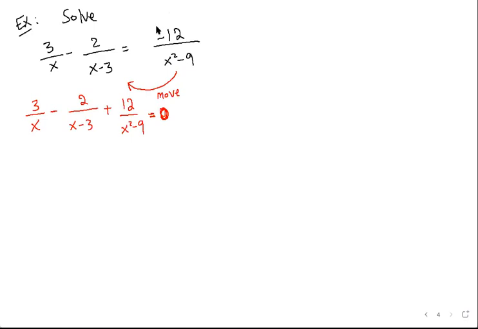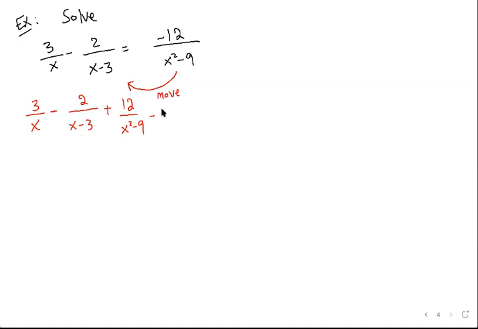Now, next step, how to find the least common denominator between x, x minus 3, and x squared minus 9. It's a little hard to find the least common denominator the first time.